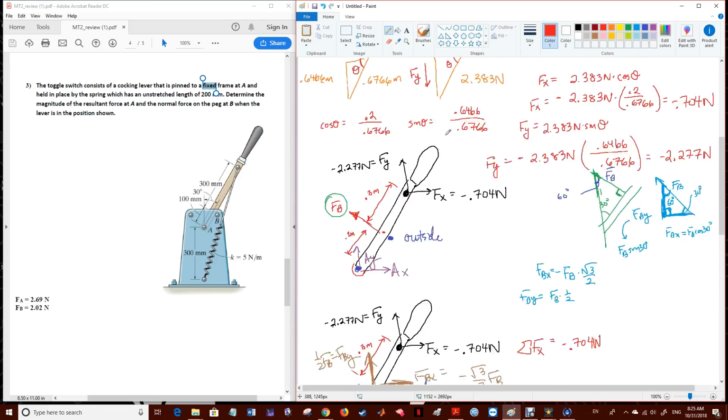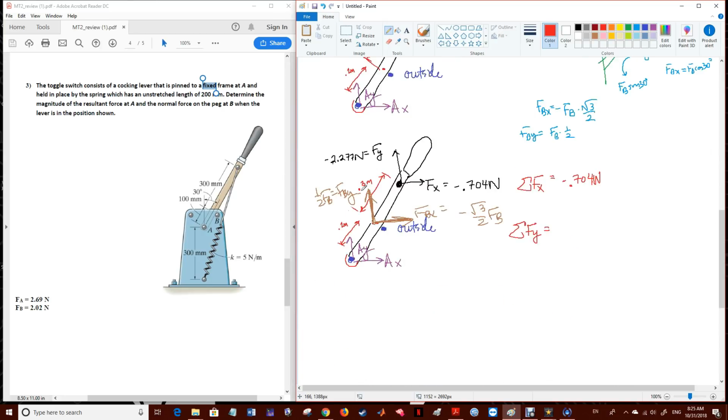This is now followed with force Bx. Now, I know that force is going to be pointing towards the second quadrant, so the x component of this force will be negative, as negative rad 3 over 2 FB. FB is the magnitude of the actual force in the correct direction, followed by this AX, and because I've defined AX to be positive, I'll write plus AX, and this must be equal to 0.